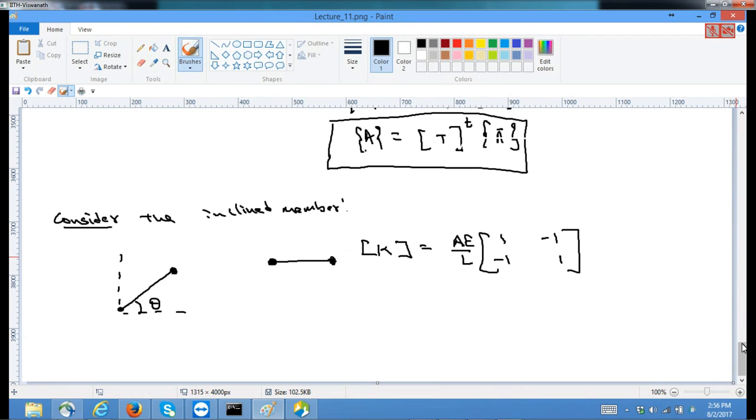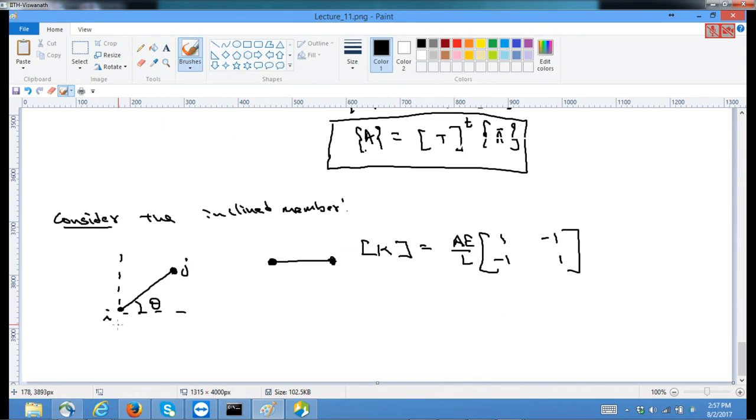For that, let us see this. Let's call this node I and node J, and this angle is theta.